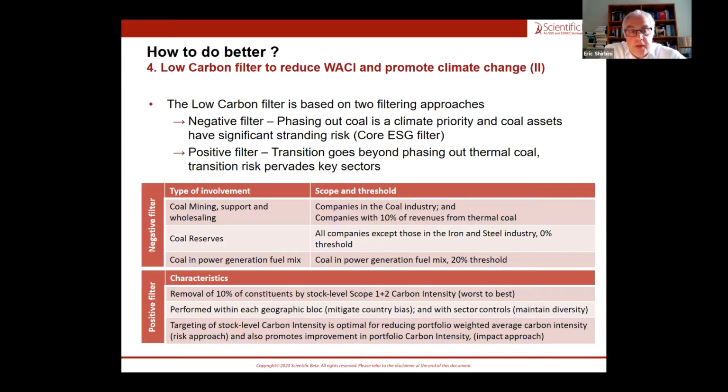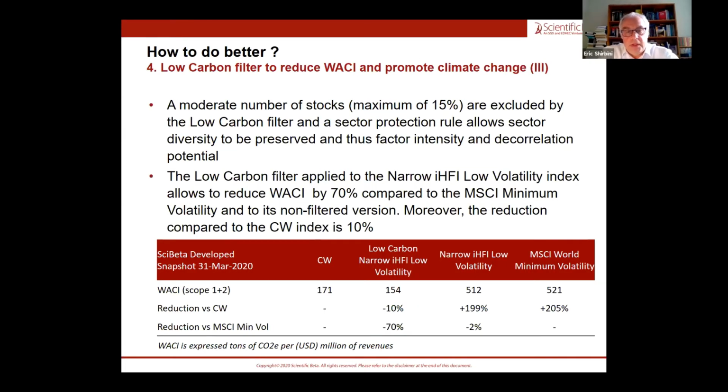So essentially there are two parts, two elements to this filter. One is a negative filter, and the other one keeps companies with the lowest carbon exposure, or essentially eliminates 10% of companies with the highest carbon exposure based on the scope 1 and scope 2 carbon intensity. So when you apply this filter, what impact does it have on the carbon exposure of the resultant index?